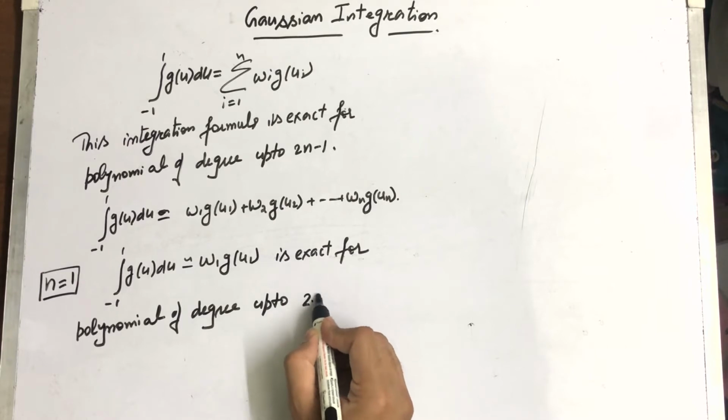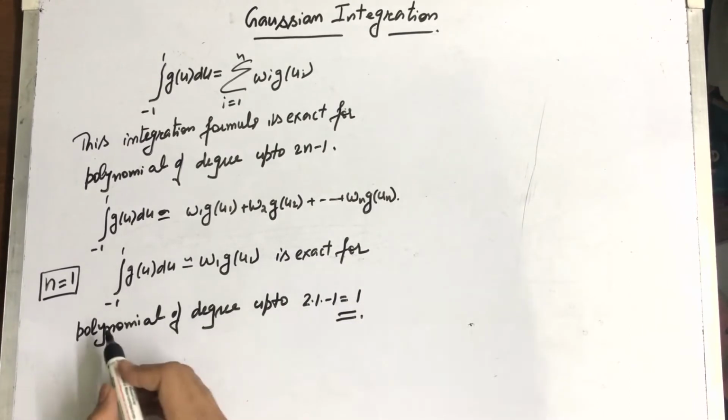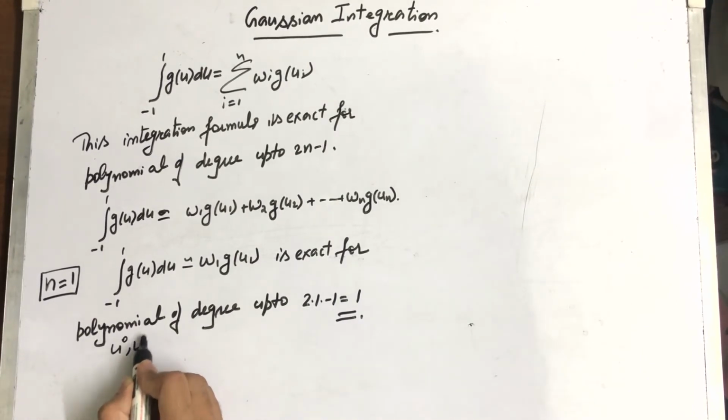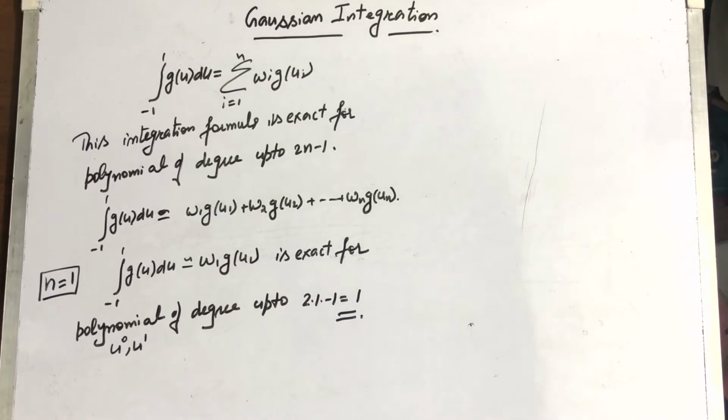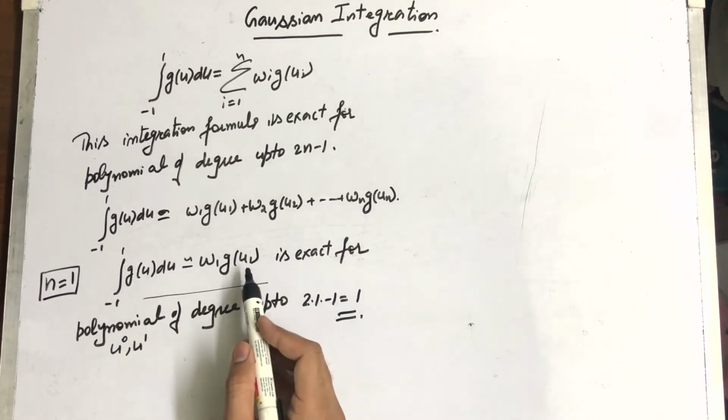So here the value is 1, which means the polynomials are up to degree 1: u power 0 and u power 1. So let us solve this for the values of w1 and u1.